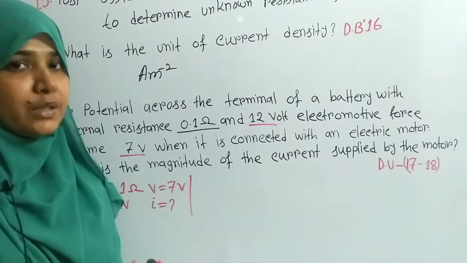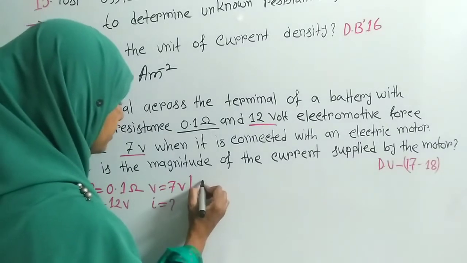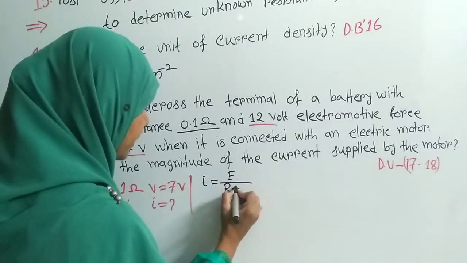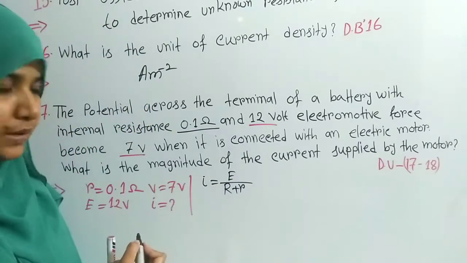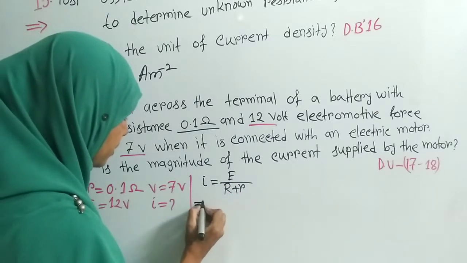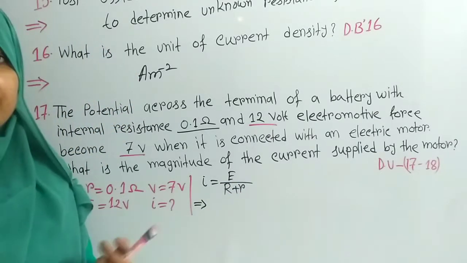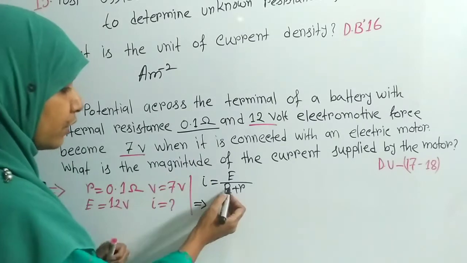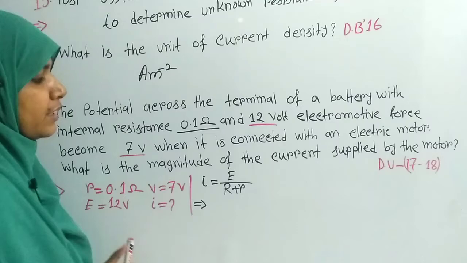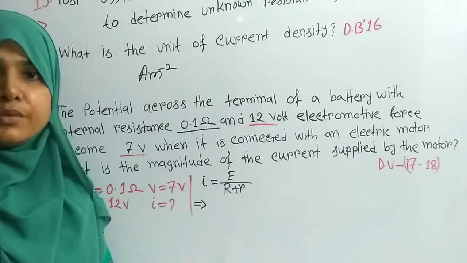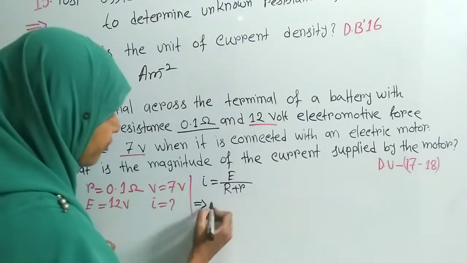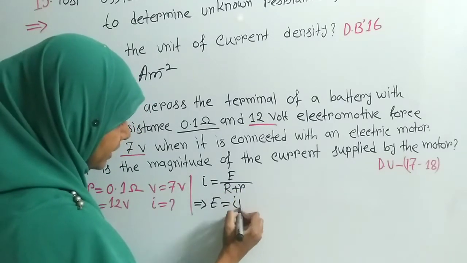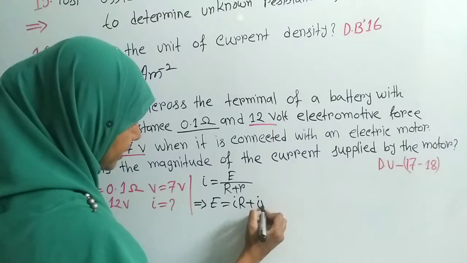From Ohm's law, we know that I is equal to E by R plus r when internal resistance is given here. So now here we are going to calculate the current, but we don't know the value of external resistance. The value of external resistance is not given here, but if we calculate it carefully, then we can get it: IR plus Ir.